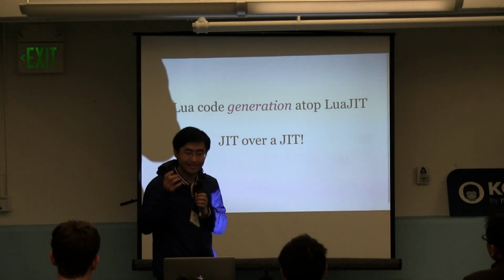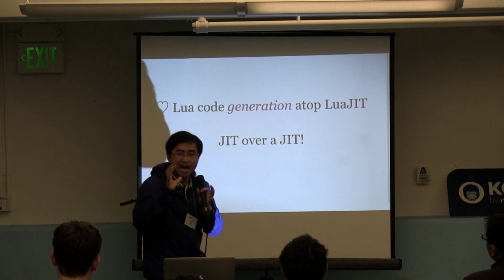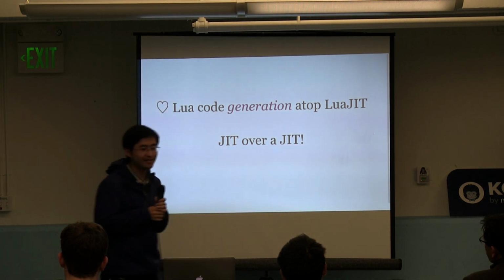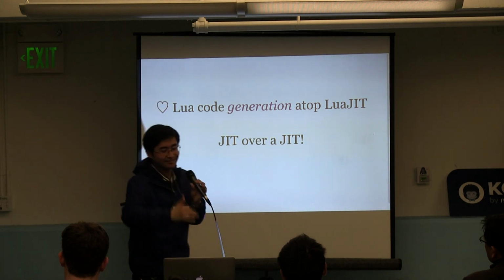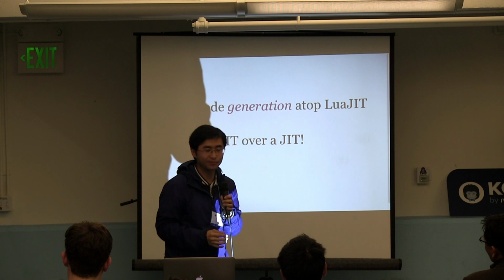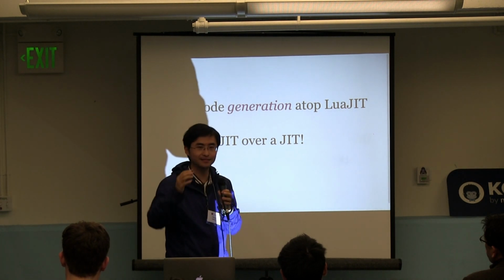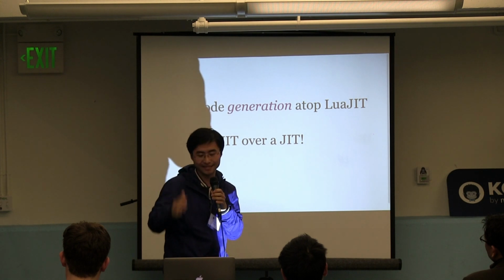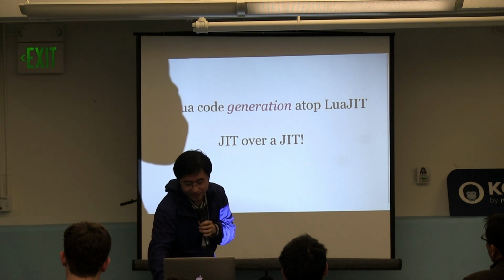Instead of writing an evaluator-like Lua code to interpret some data structures, you generate a single linear Lua code without too many branches. Or you have branches, but those branches are for error handling. That's fine because that's biased, right? It's like a JIT over JIT.